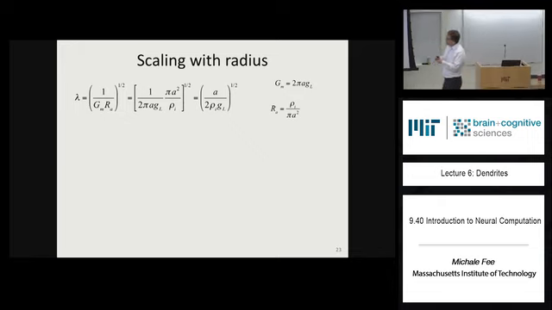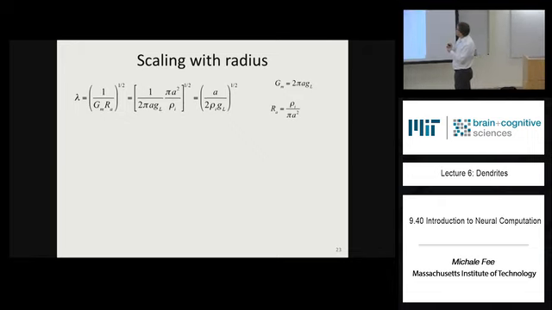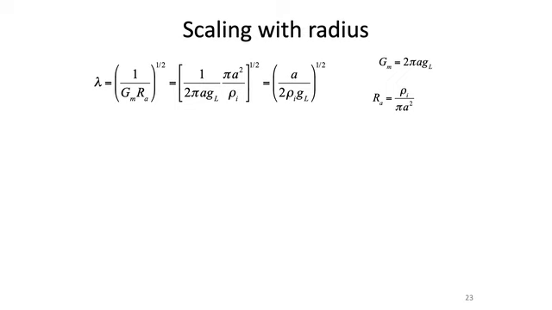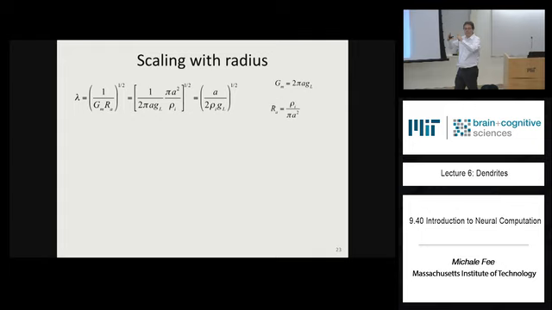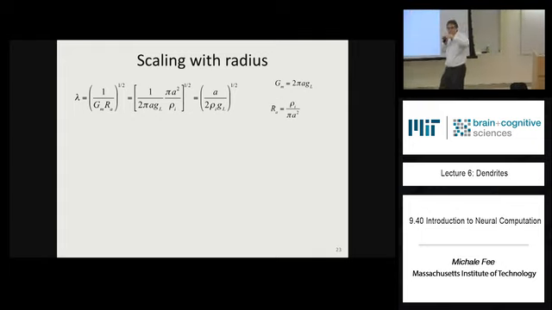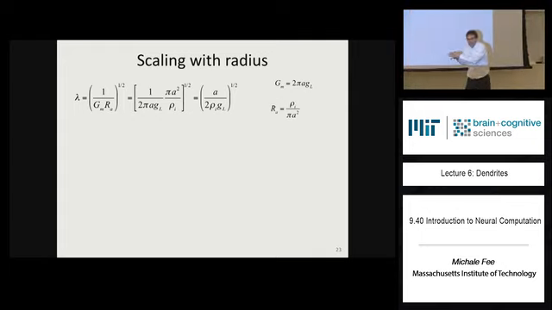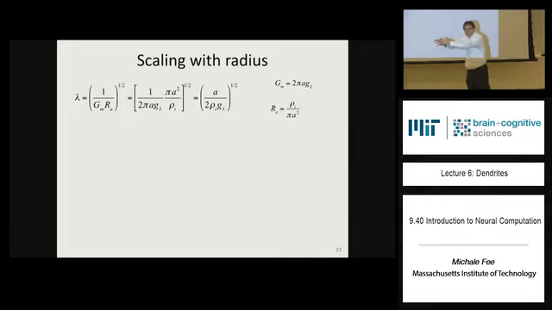The space constant, the length, goes as the square root of the radius. Now notice that the space constant gets bigger as you increase the size of the dendrite, right? As you make a dendrite bigger, the resistance down the middle gets smaller, and so the current can go further down the dendrite before it leaks out.